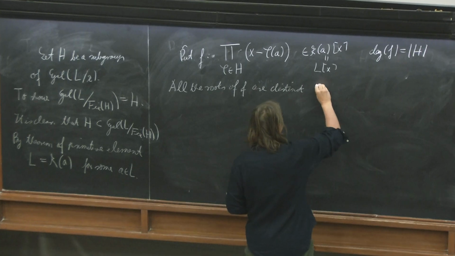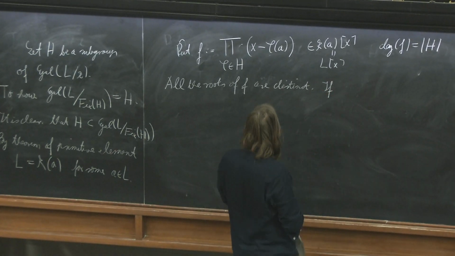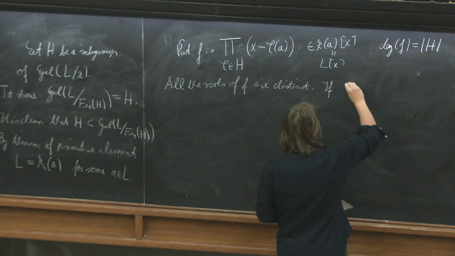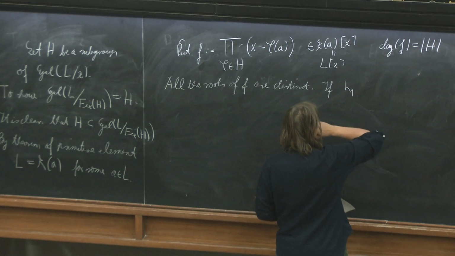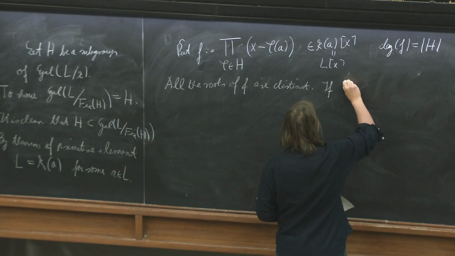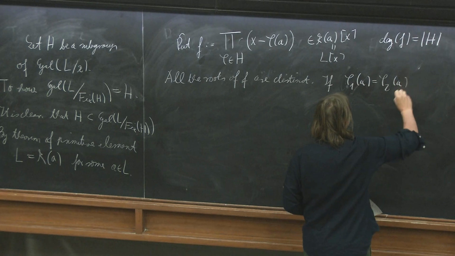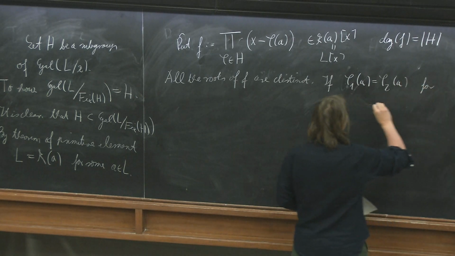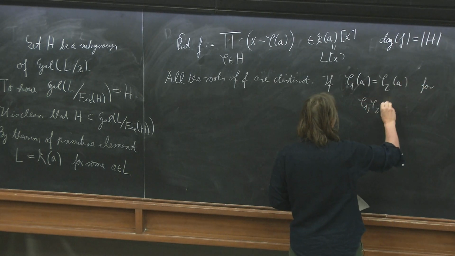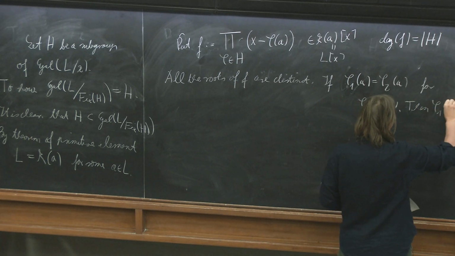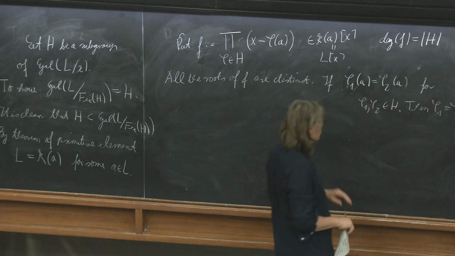So if phi1 of A is equal to phi2 of A for phi1 and phi2 in H, then phi1 equals phi2.